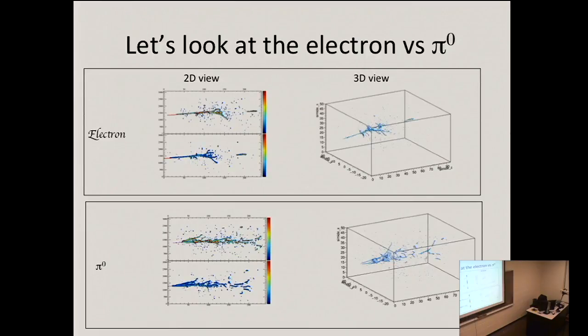This is, for example, an electron. If it has the energy, this electron can have the sign inside of it, but pi zero not.